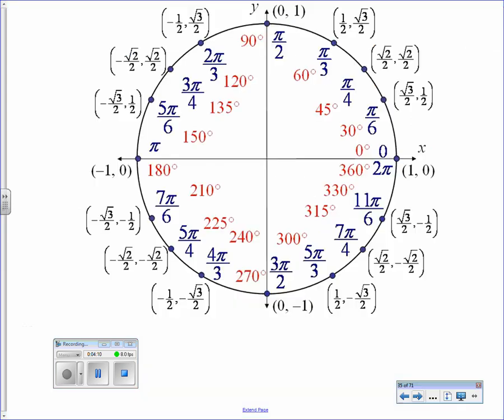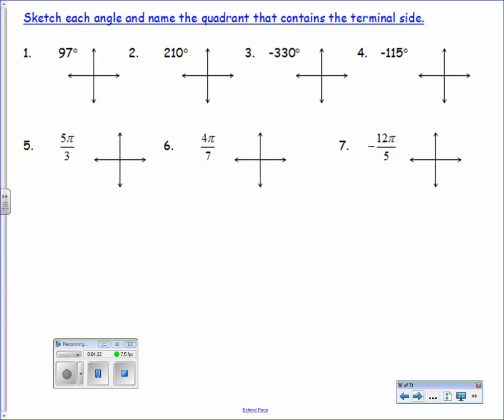But today's focus is more about turning. So again, which way am I turning? And then if I have a terminal side, where is my terminal side going to land? And that's what we're going to focus on for today. And so the first part is right here, you can see on the board, 1 through 7.